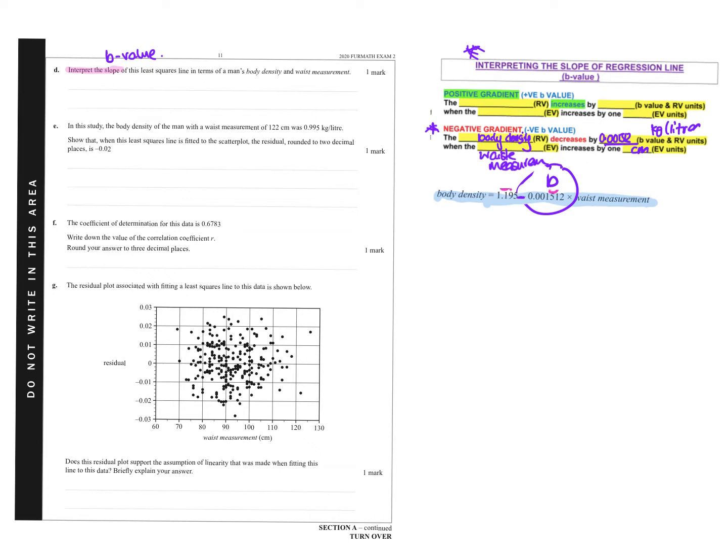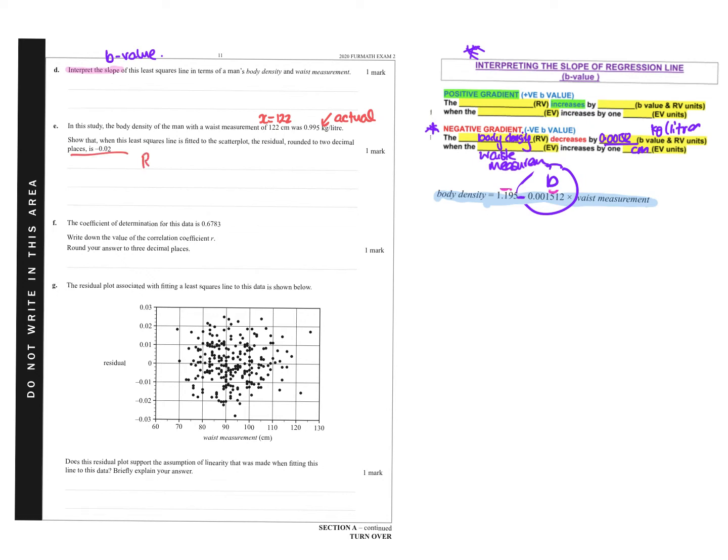Okay, moving on. In this study, the body density of the man with a waist 122 was 0.995. So what they just gave you there was an actual when his X was 122, so when his waist was 122. Show that the least squares line is fitted to the scale, but that the residual rounded to 2 decimal places is.